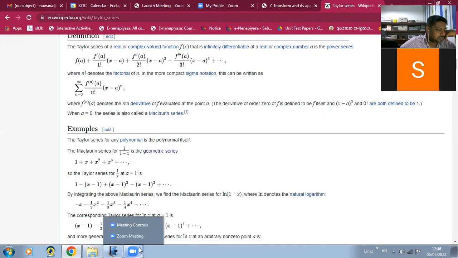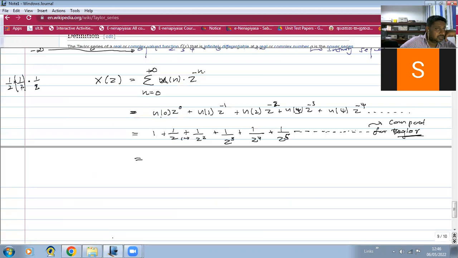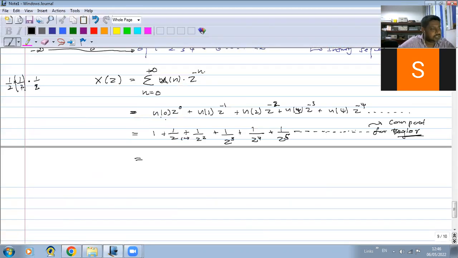So you can see that if we have 1 plus x plus x squared plus x cubed plus x to the 4, x to the 5, and so on, we can write this as 1 by 1 minus x.